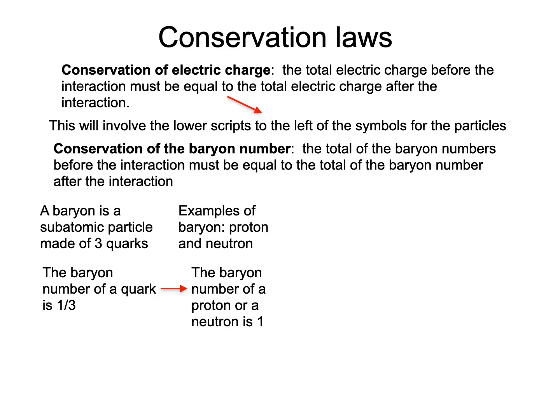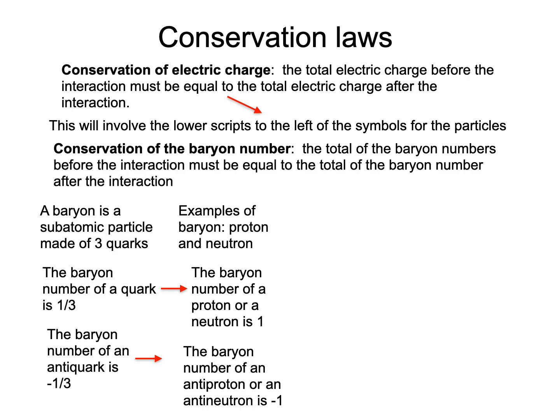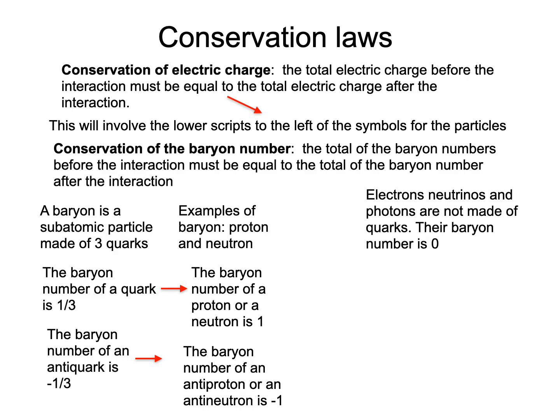However, the baryon number of an antiquark is said to be -1/3, which makes the baryon number of an antiproton or an antineutron -1. Since electrons, neutrinos, and photons are not made of quarks, their baryon number is 0.